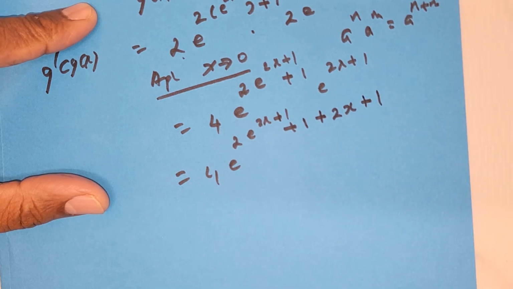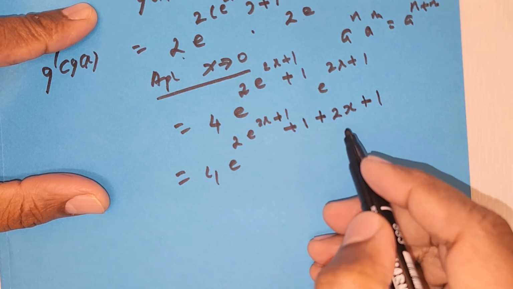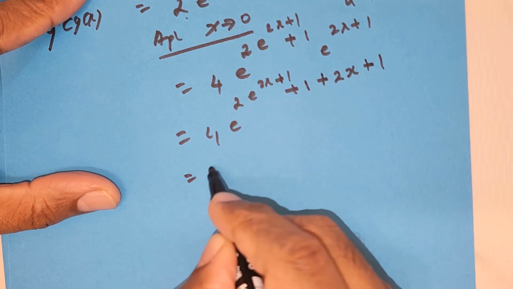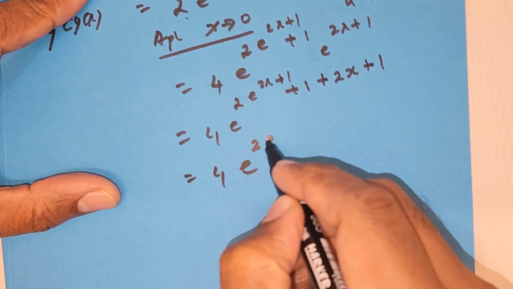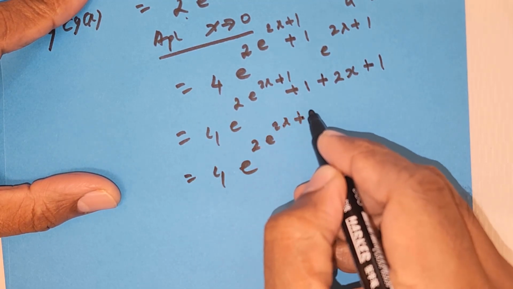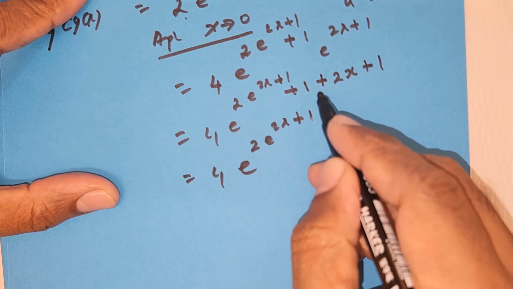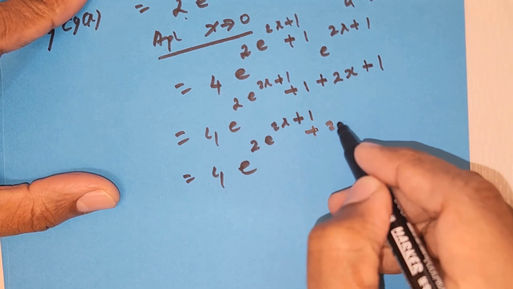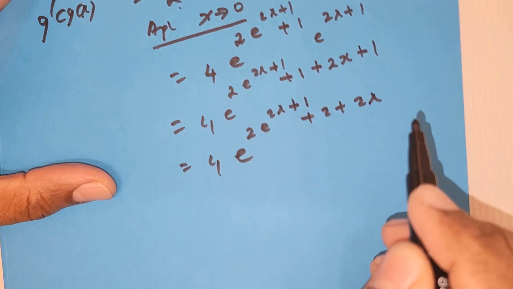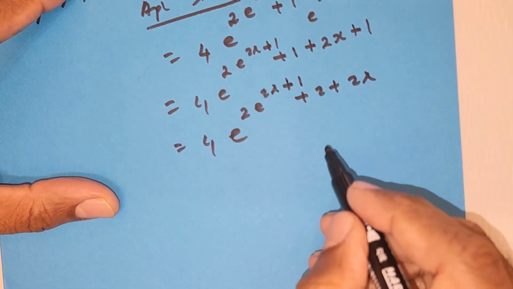You need to add that. Okay, so this is rewritten as 4 times e raised to the power of 2 times e raised to the power of 2x positive 1, and then 1 added with 1, that's going to be 2, and then you have a 2x. Okay, fair enough so far.